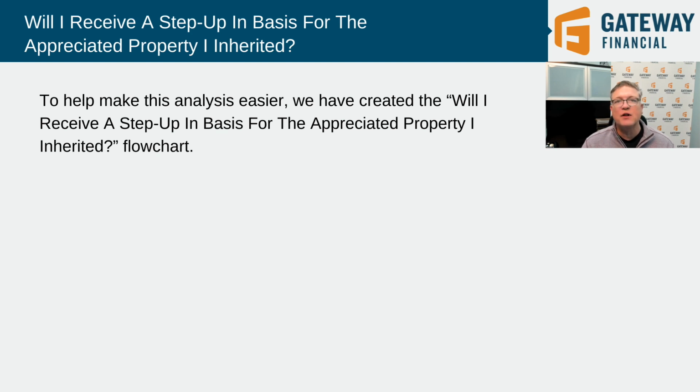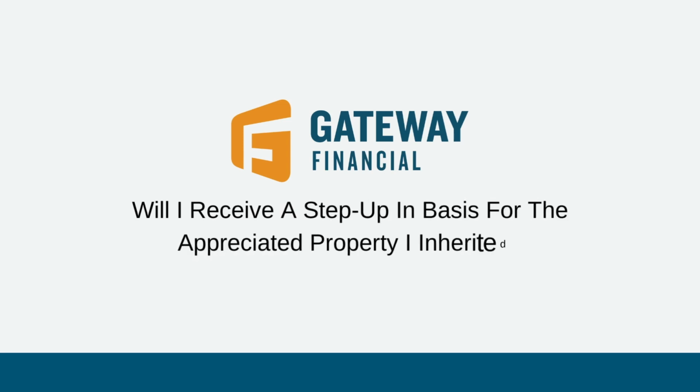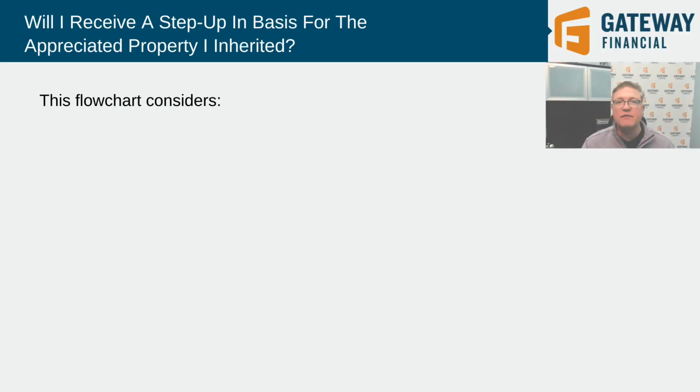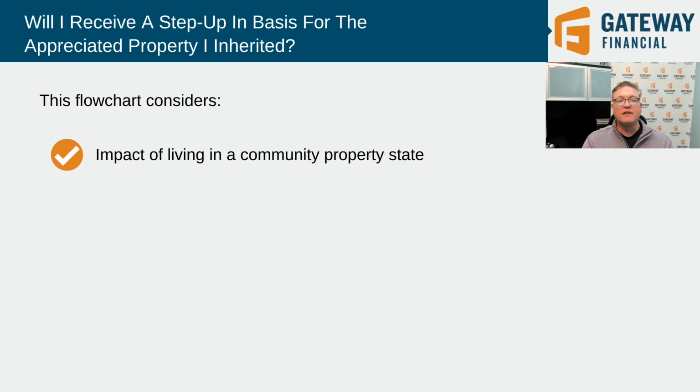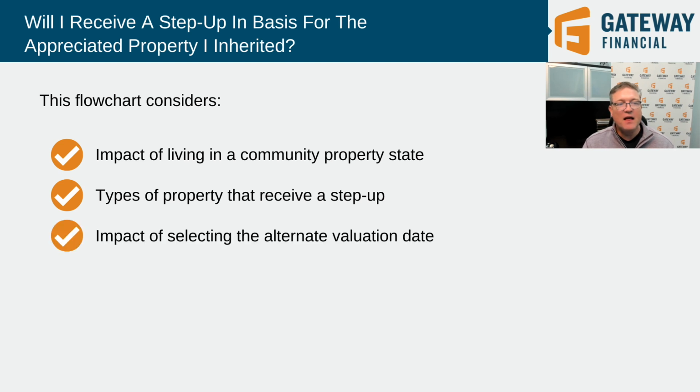And so we have this flow chart called, will I receive a step up in basis for the appreciated property that I inherited? So we're going to cover four main areas here: the impact of living in a community property state, the types of property that receive a step up, the impact of selling or selecting the alternative valuation date.